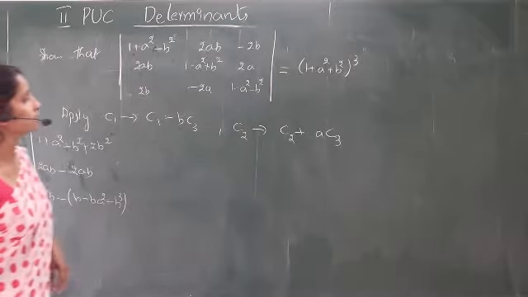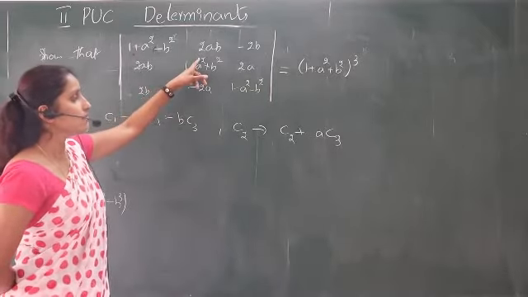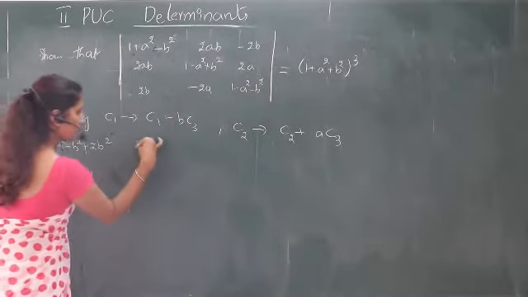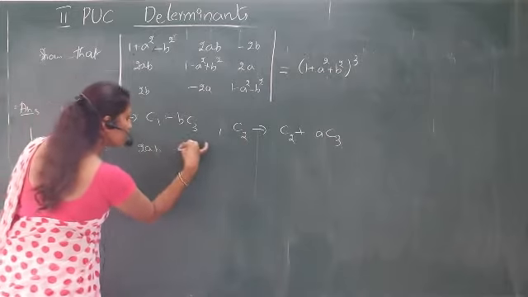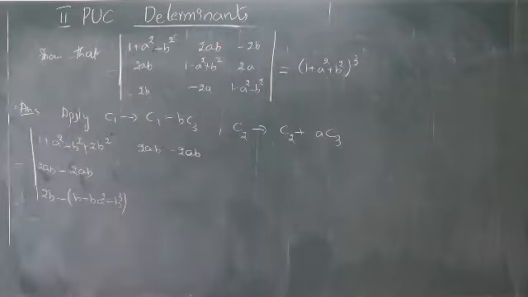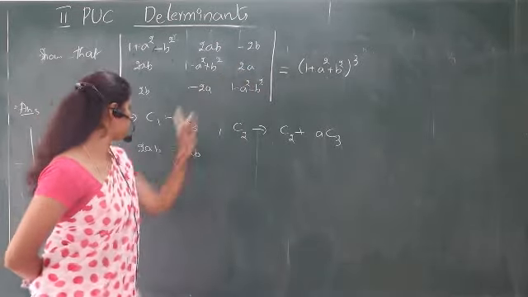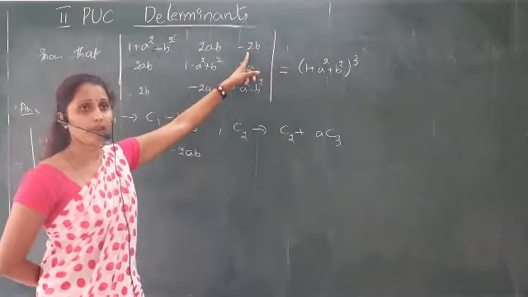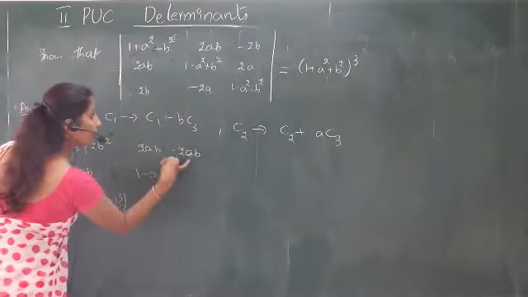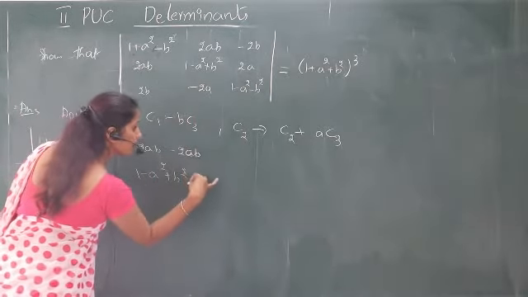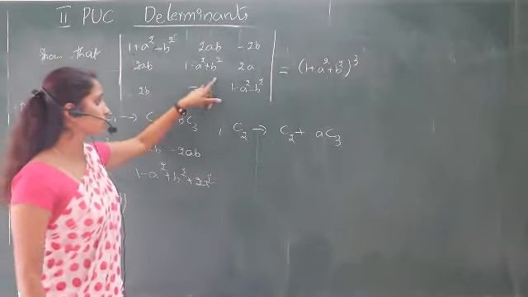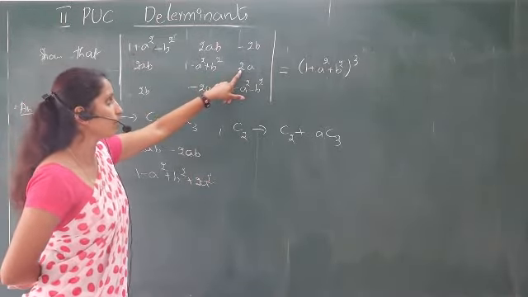Next C2 also changes. C2 changes to C2 plus A into C3. So here 2AB minus 2AB, because I am multiplying this by A. So 2B minus 2AB, and again 1 minus A square plus B square plus 2A square. So 1 minus A square plus B square. 2A into A is 2A square.